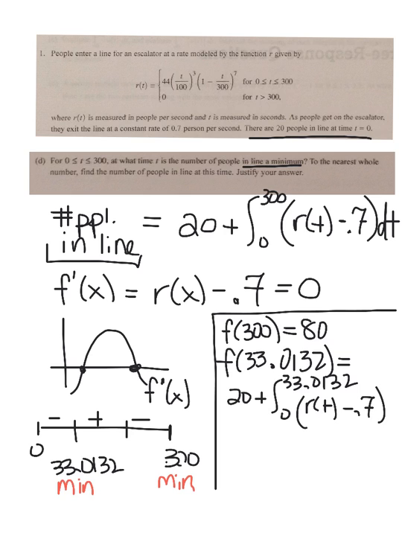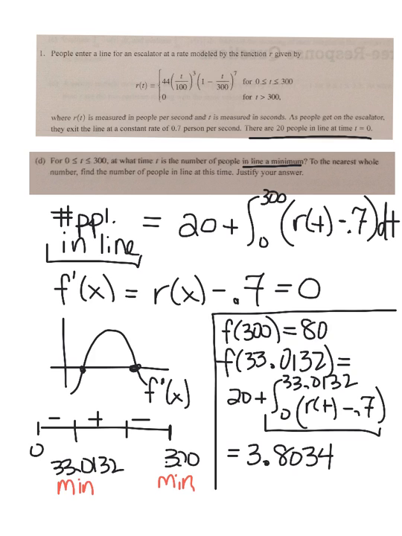Okay, and I can't fit it, but you would write dt at the end. And work this out, see what you get, and then you're going to add 20 to that value. Okay, so why don't you pause me and see what you get as your final answer. All right, so your final answer should be 3.8034.